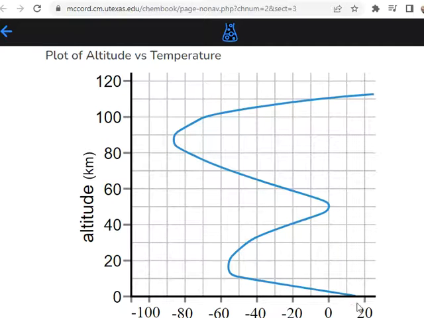It appears that we go from about 15 degrees Celsius to minus 55 degrees Celsius, somewhere around here, in 10 kilometers, or 10,000 meters. So it's going where we predicted 98 or almost 100. It's actually going down about 60, 70 or so.